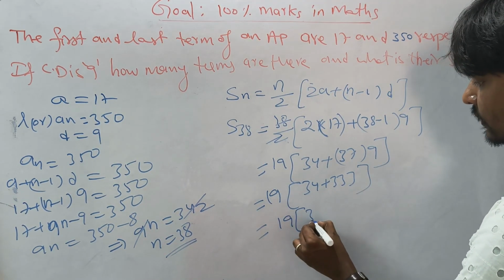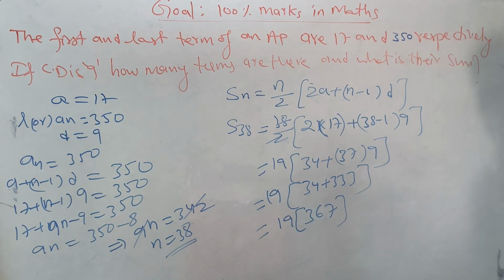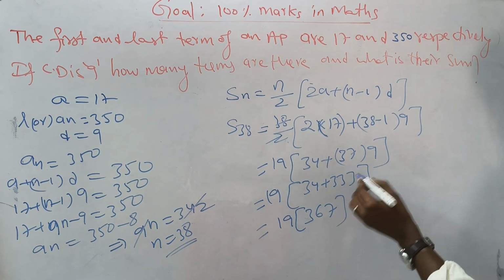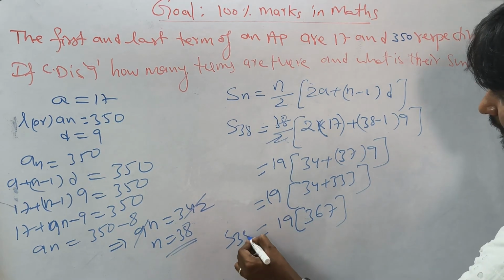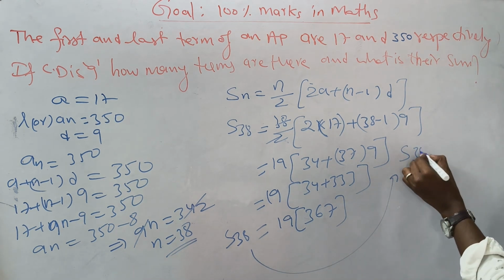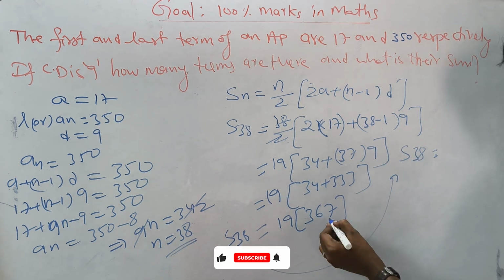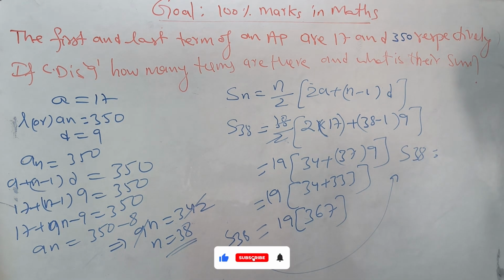Here I am writing S38 = 19 into 367. Then how do we do 19 into 367?